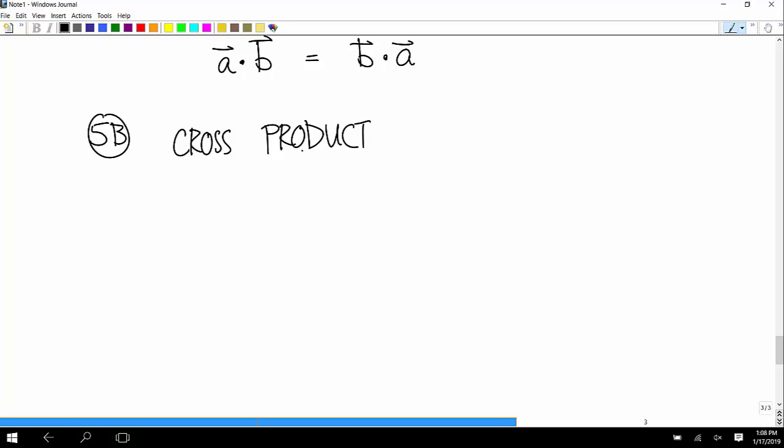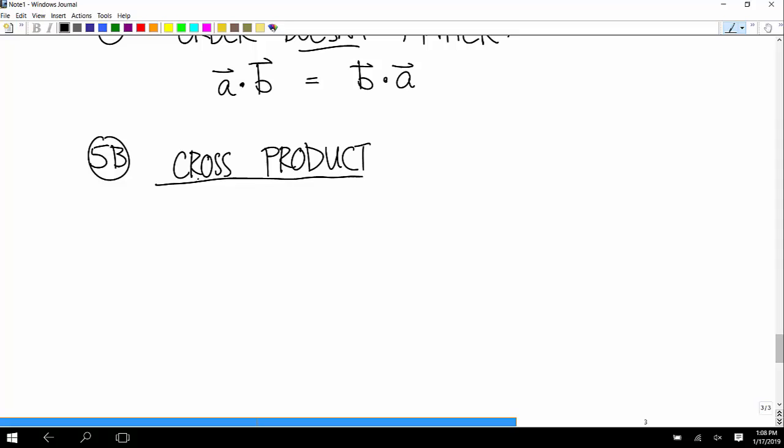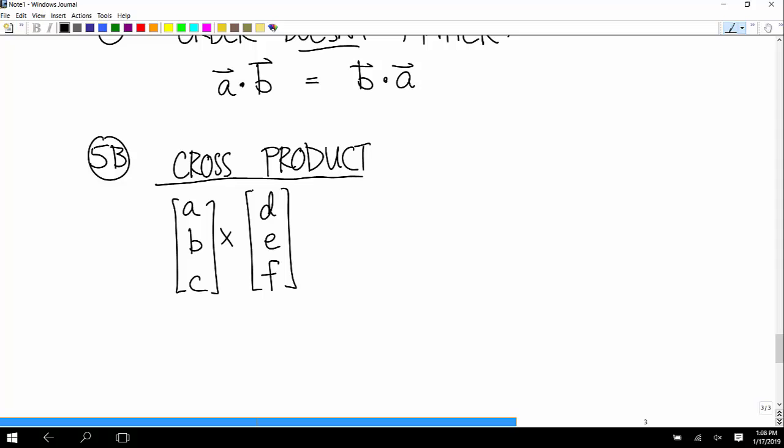If you're taking the cross product between a vector A, B, C and a vector D, E, F, we know we get a vector out of this, and that vector is going to have an X component of, and here's how I think about it.